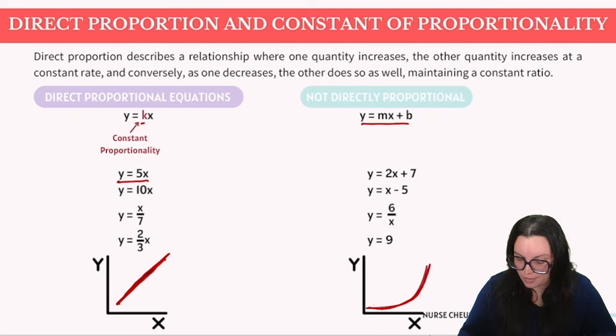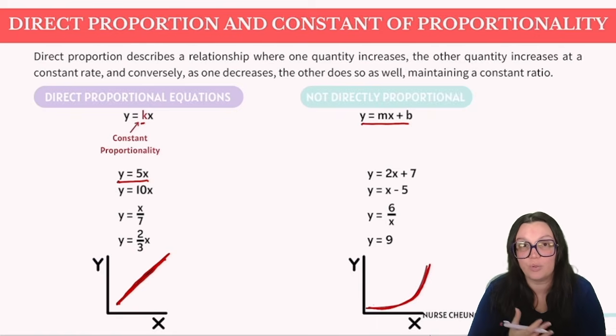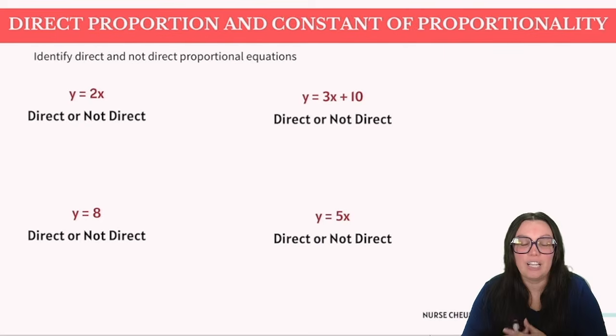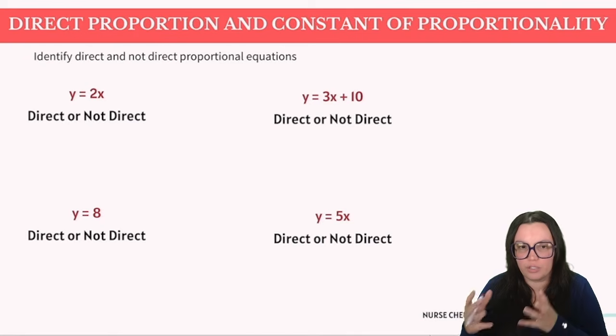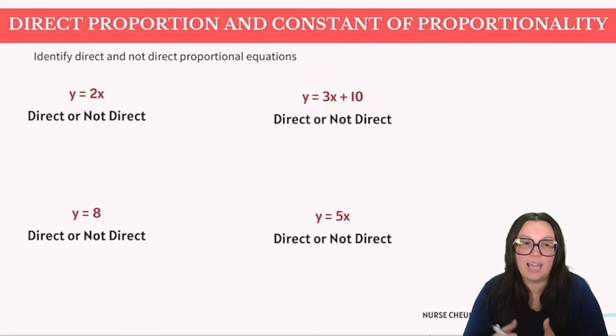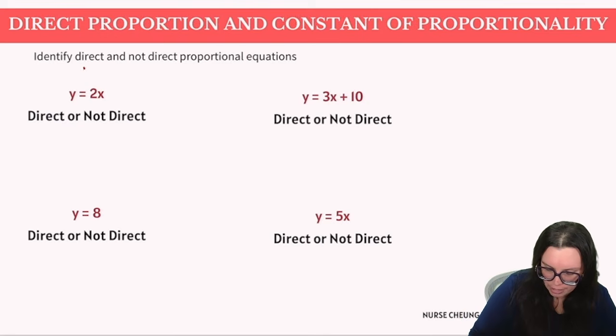So I've listed a couple of equations here on your slide to help you identify the differences between these two relationships so it's easy to answer these questions when you're taking the TEAS. So let's identify the differences between direct and non-direct proportional relationships. Our first example, we have y is equal to 2x. As we know with our direct relationships, we're going to have y is equal to kx.